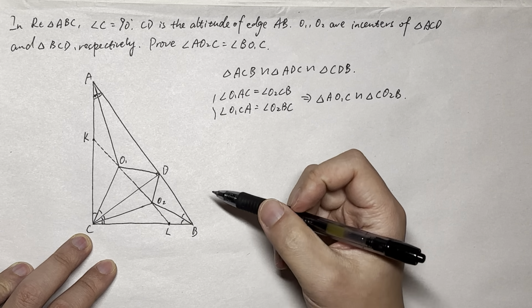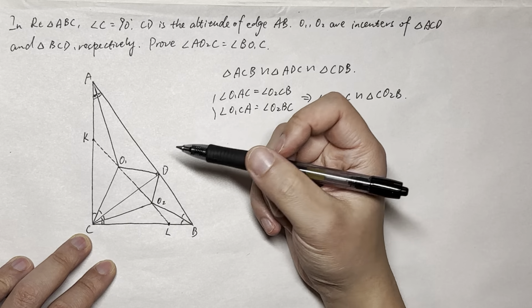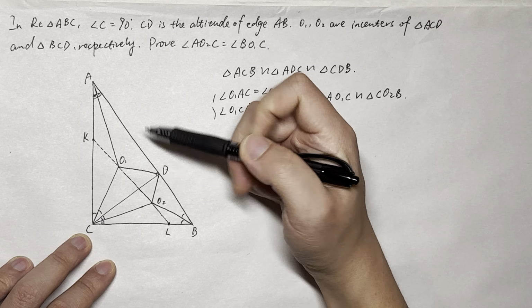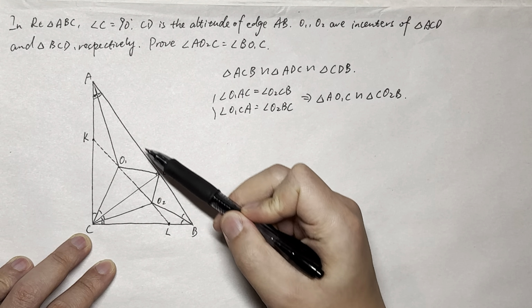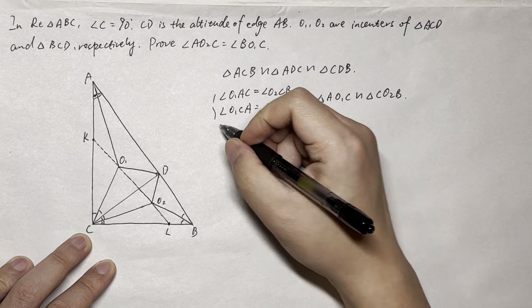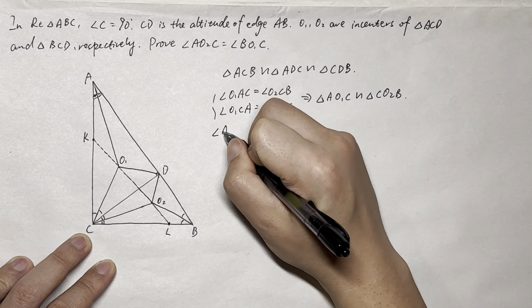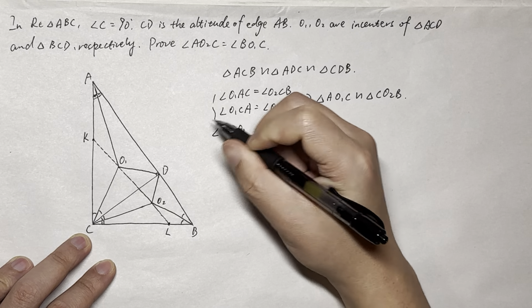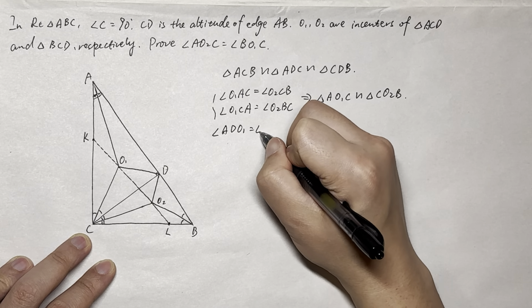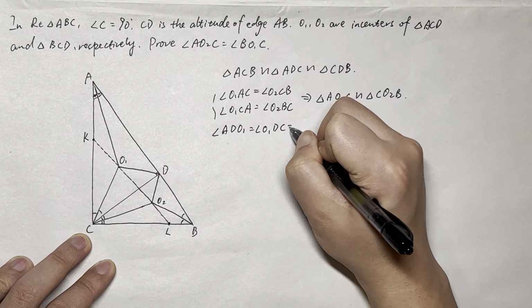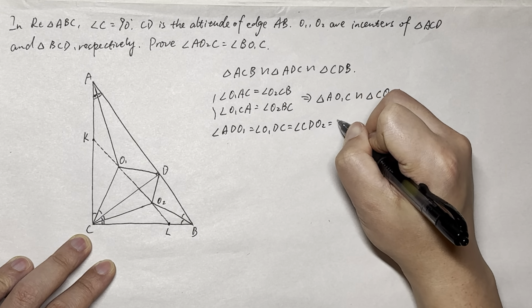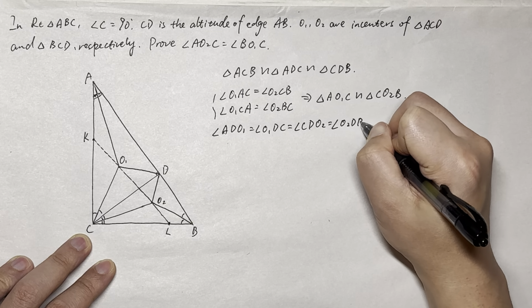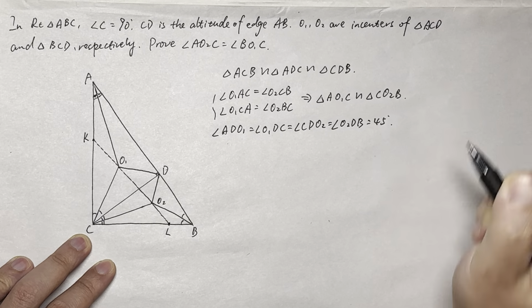And because O1D is the angle bisector of angle ADC, angle ADO1 equals angle O1DC equals angle CDO2 equals angle O2DB equals 45 degrees.